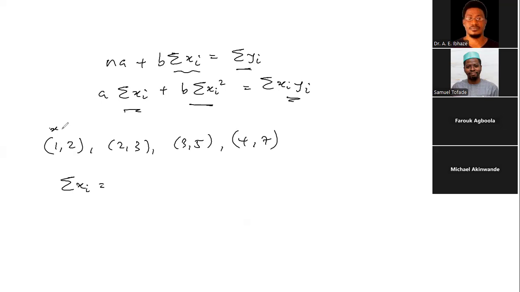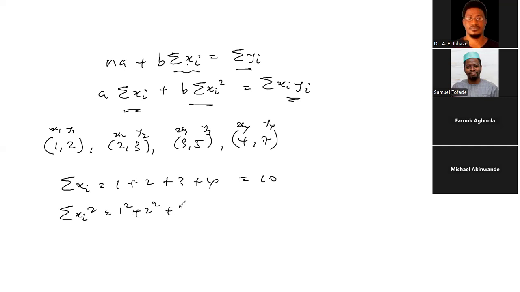This is x1, x2, x3, x4, and this is y1, y2, y3, y4. So that will be 1 plus 2 plus 3 plus 4, which is 10. The next thing is sigma x sub i squared, which is 1 squared plus 2 squared plus 3 squared plus 4 squared. That will give us 30.